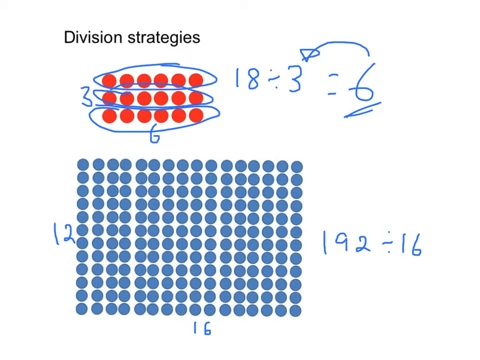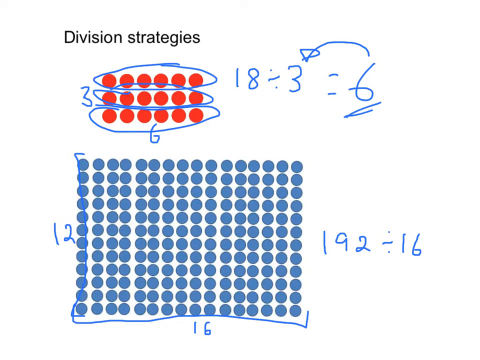And of course that would apply on a more difficult example here. So we've got 12 circles this way, and we've got 16 this way. If I was to do 192 divided by 16, essentially I'm saying how many 16s are there in 192?